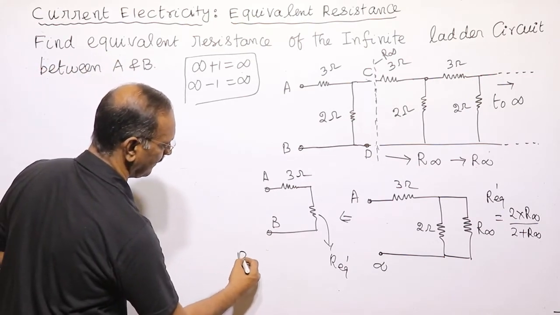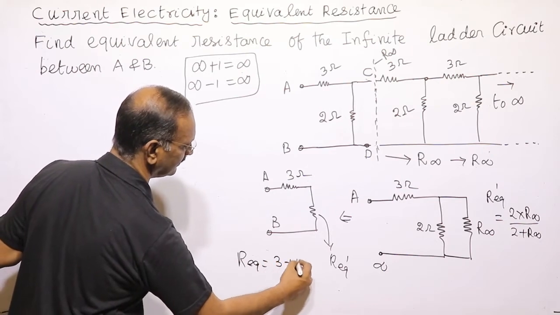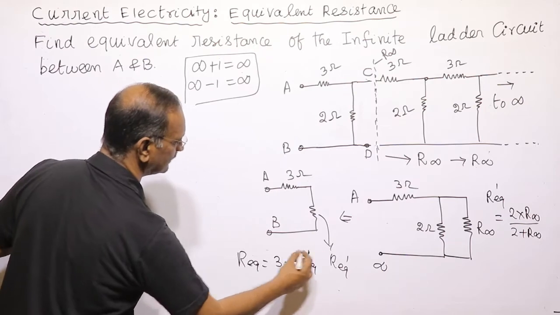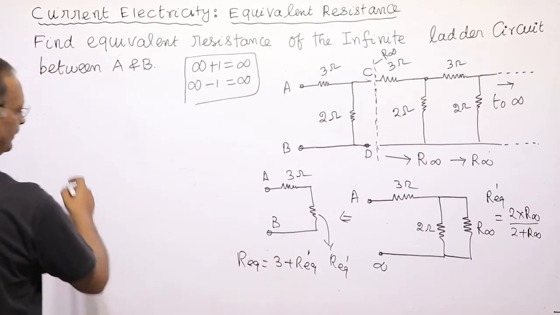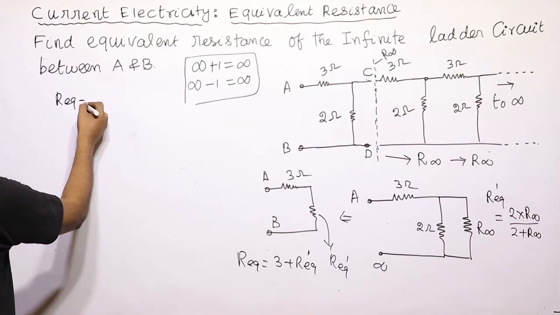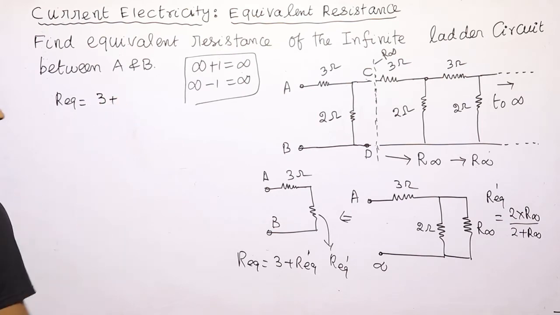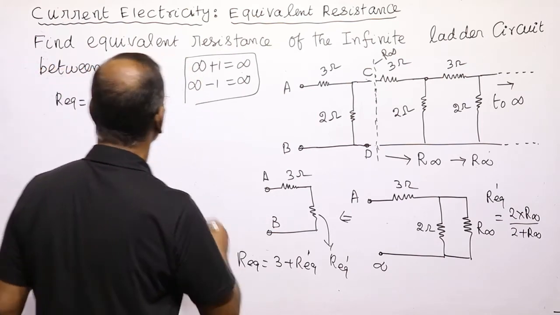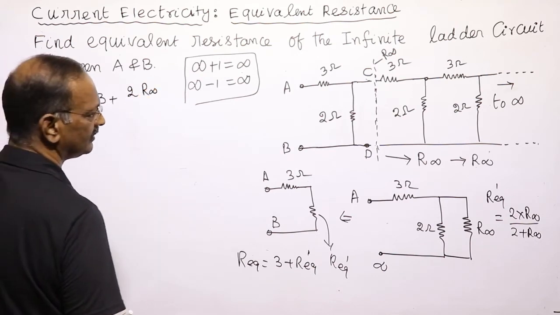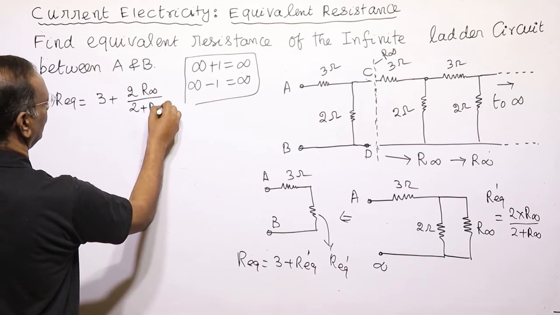So R equivalent now is equal to 3 plus R equivalent dash. Therefore R equivalent is equal to 3 plus 2 R infinite divided by 2 plus R infinite.